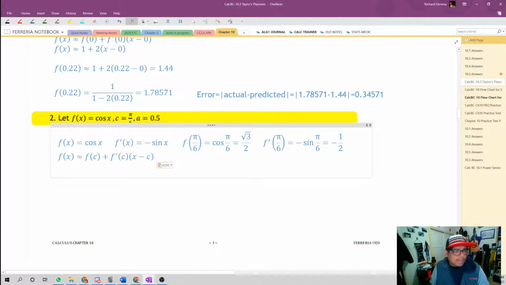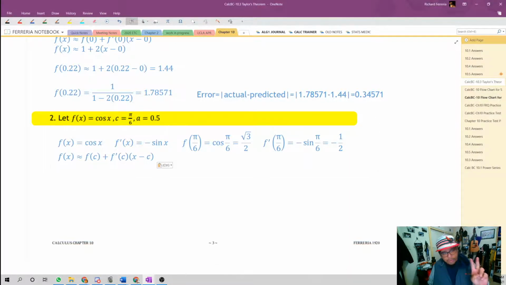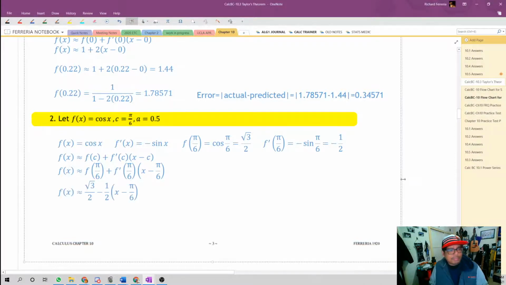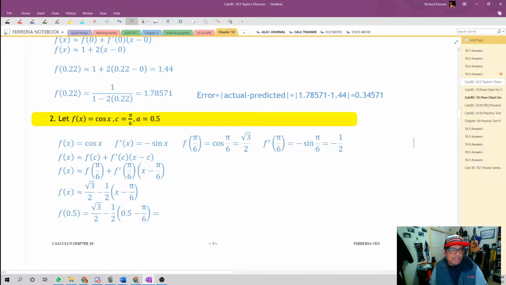We'll write the general polynomial for a 2-term or first-order Taylor polynomial. Then we're going to substitute our pi over 6, which is our value of c. And then we substitute our values of the derivative, which we got earlier. That's part A. Part B, we want to estimate f of 0.5. So we substitute 0.5, and the estimation is root 3 over 2 minus 1/2 times (0.5 minus pi over 6).